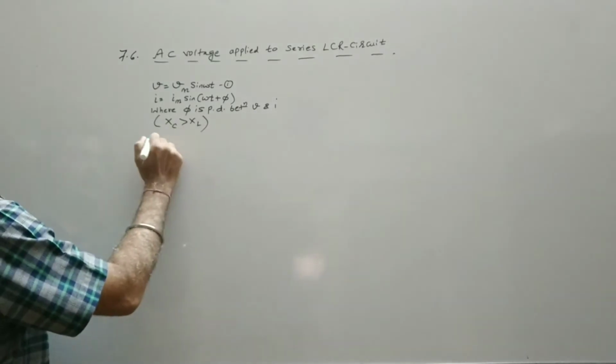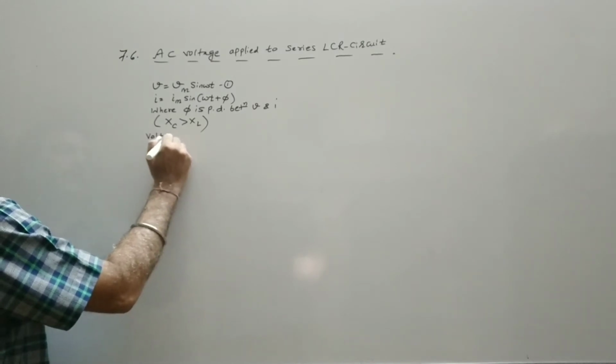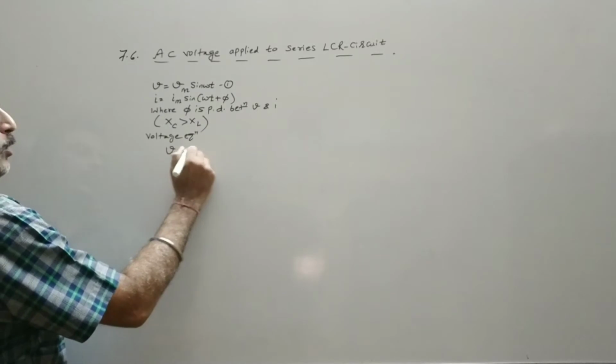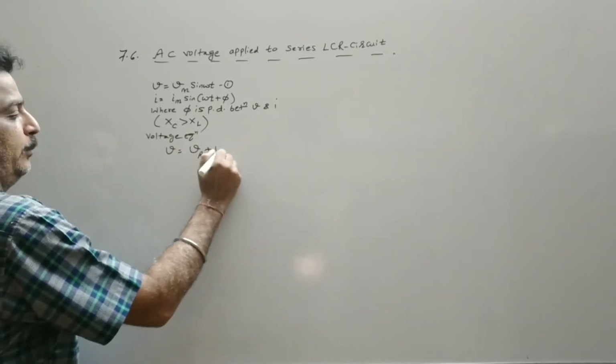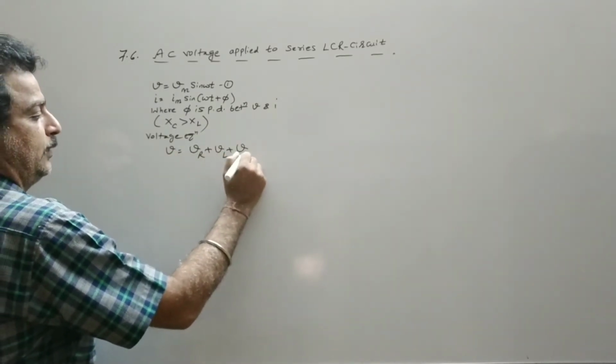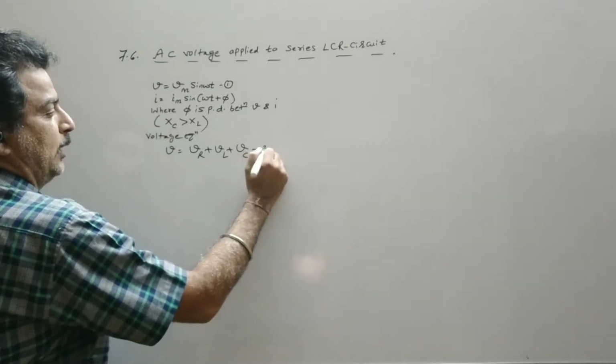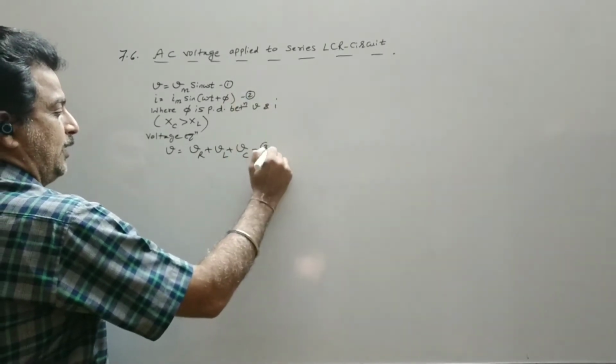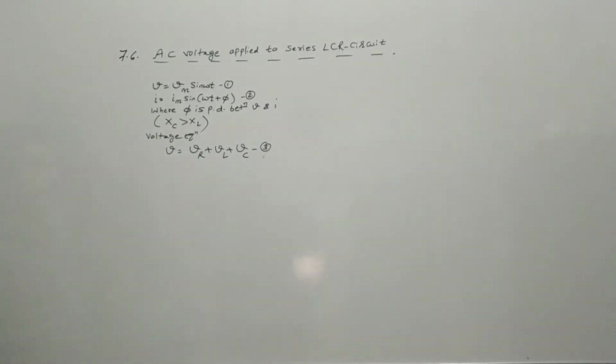Then the voltage equation was written as V is equal to VR plus VL plus VC, that is the potential difference across the resistor, inductor and capacitor.